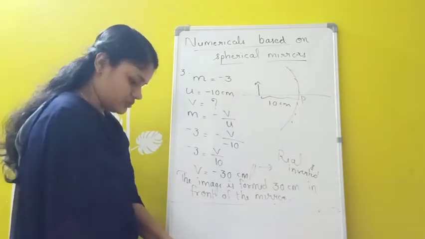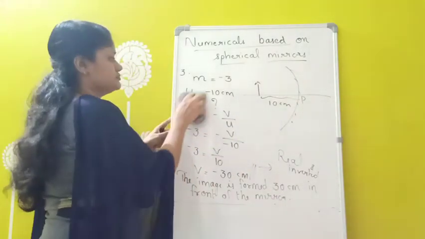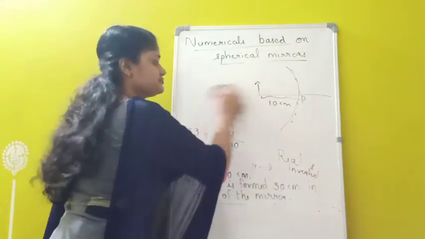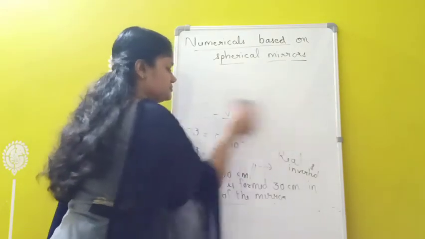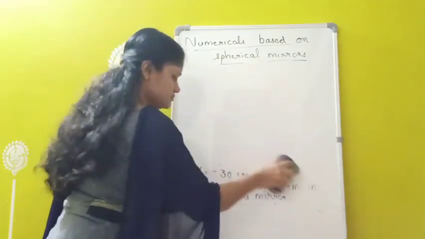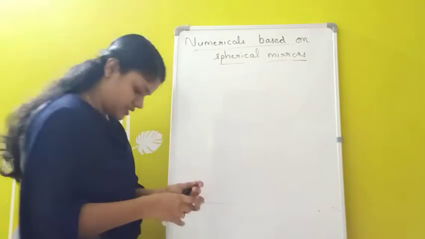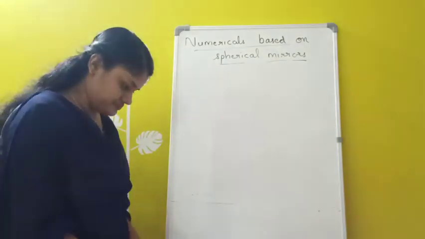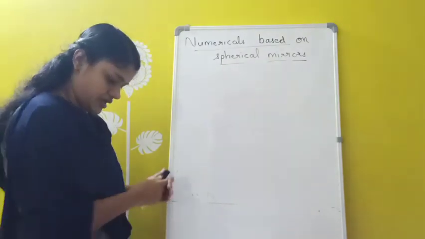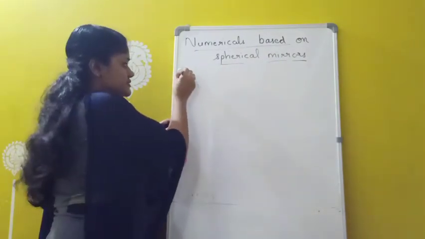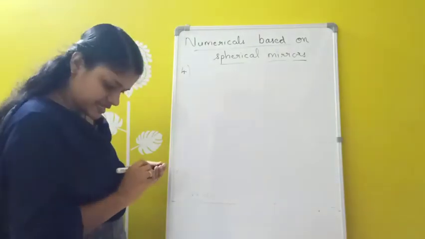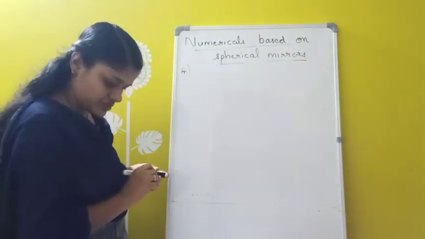Then next, one more problem we can do. So, fourth one. An object is placed at a distance of 10 centimeter from a convex mirror.